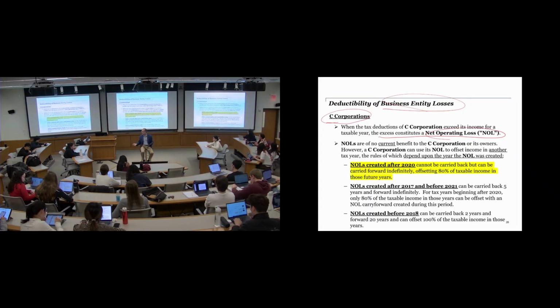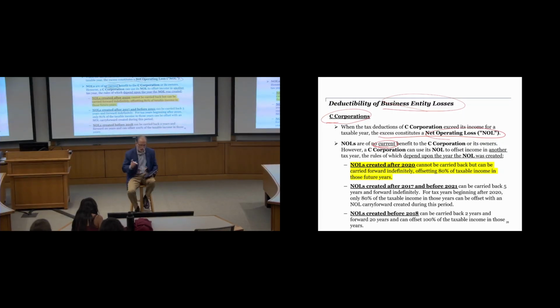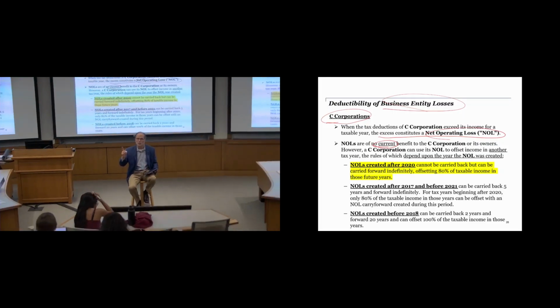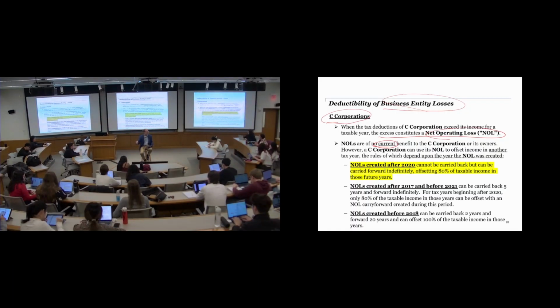Okay? You have lost money in that year. NOLs are of no current benefit to a C corporation. Why? They're separate. It can't offset anything. You lost money. Okay? However, a C corporation can use its NOL to offset income in another year.